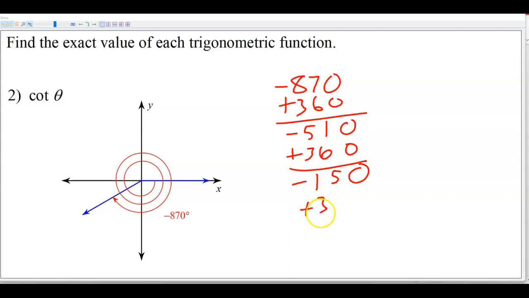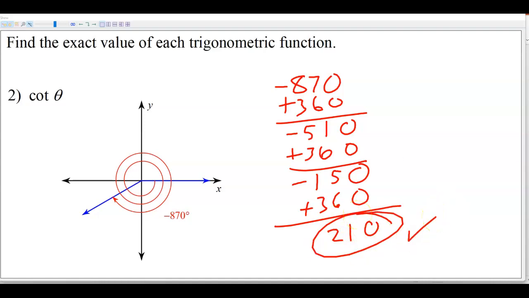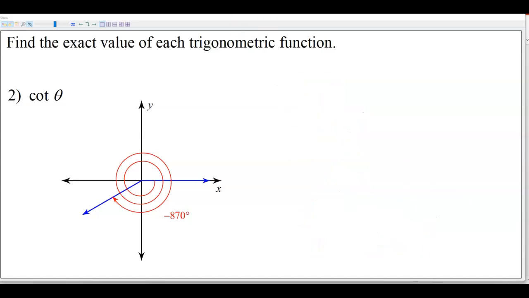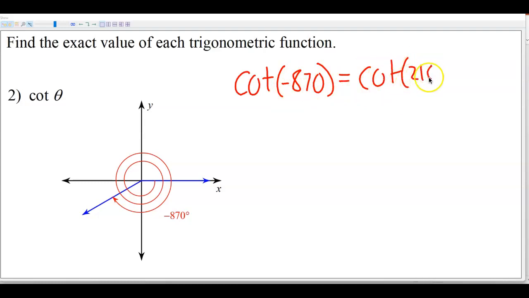So you just keep adding 360 until you get an angle that is somewhere between 0 and 360. And now I'm there, 210. All right, so here we go. That's step 1. So cotangent of negative 870 degrees is the same thing as cotangent of 210 degrees.